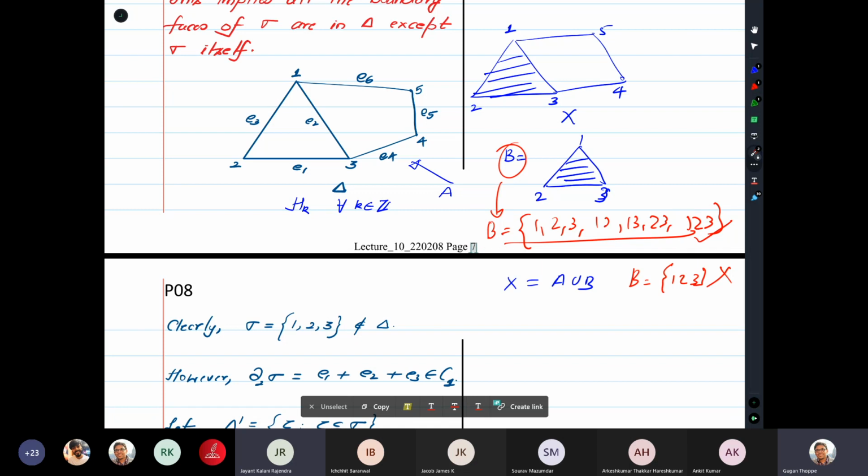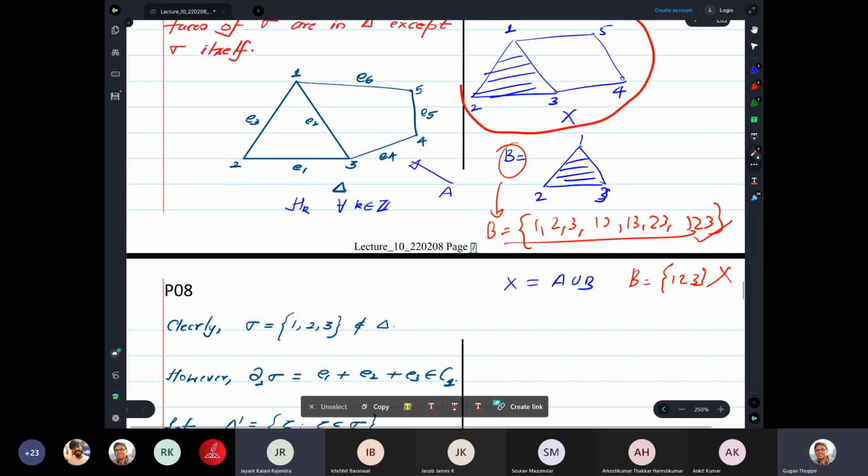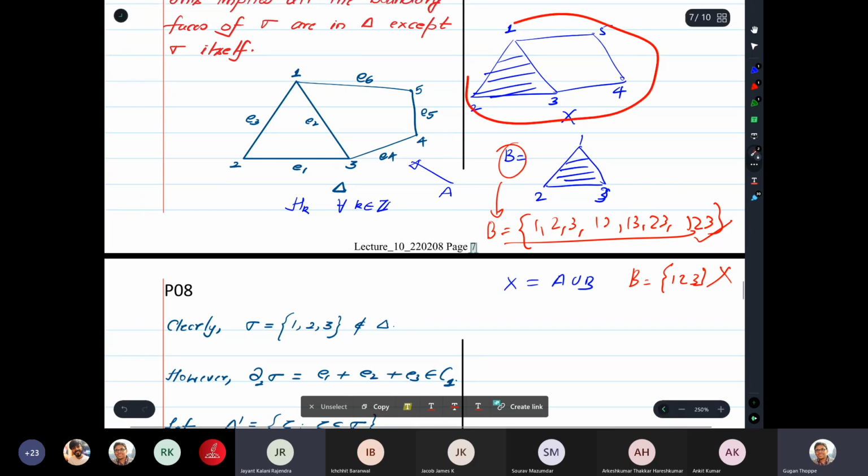So how can we use the Mayer-Vietoris theorem to compute the homology groups associated with X? X is slightly different to this A that is there on the left, and then we sort of cook up this B so that X is A union B. Now you put in a lot of effort to figure out what the homology spaces associated with A are.